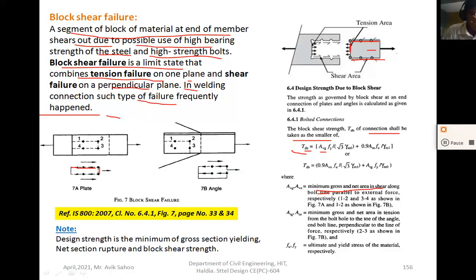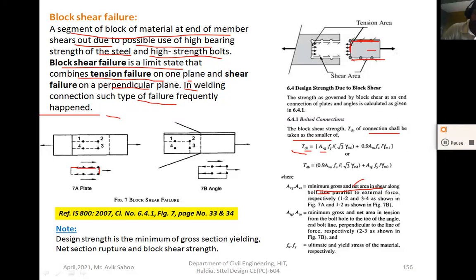So along the bolt line, the shear plane, you have to calculate the minimum gross area and net area. Net area means you have to reduce the hole area from the gross area. The gross area means the whole area without holes, the actual plate area.